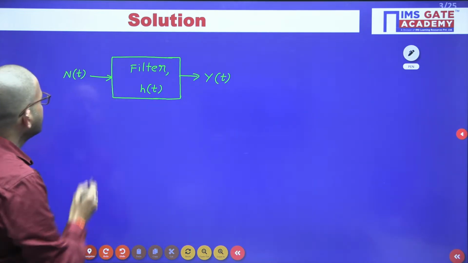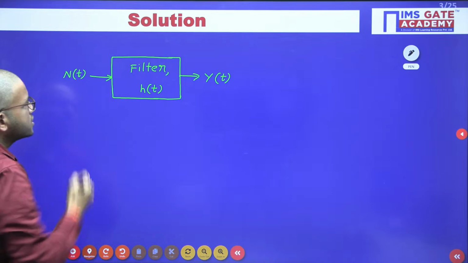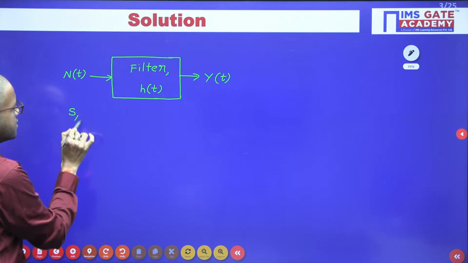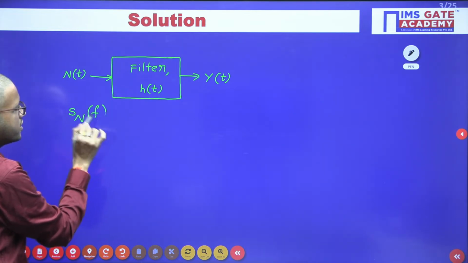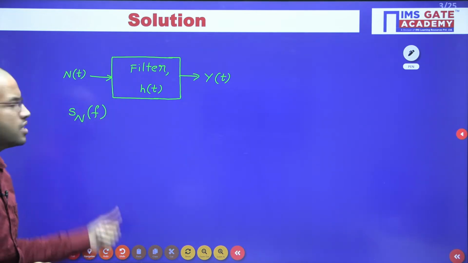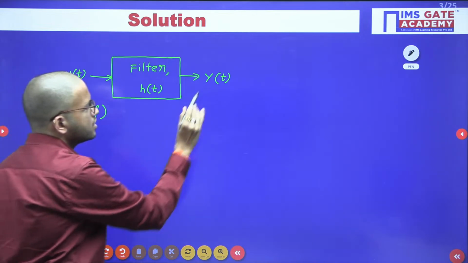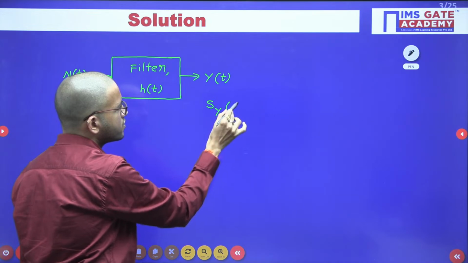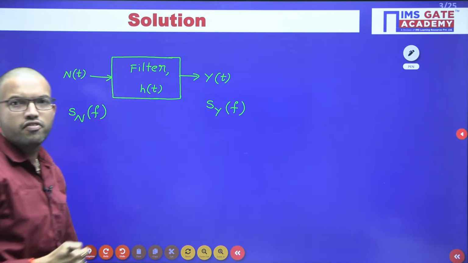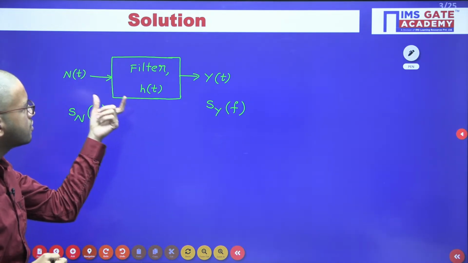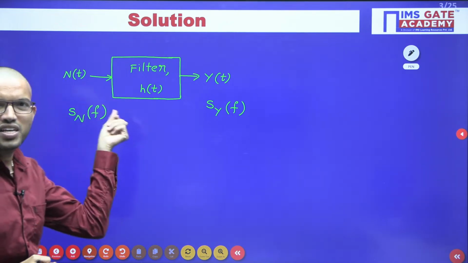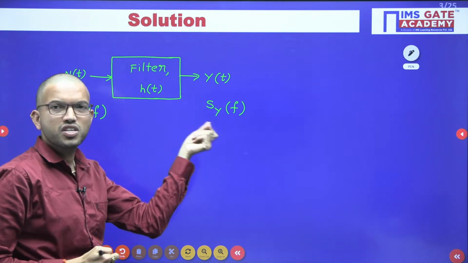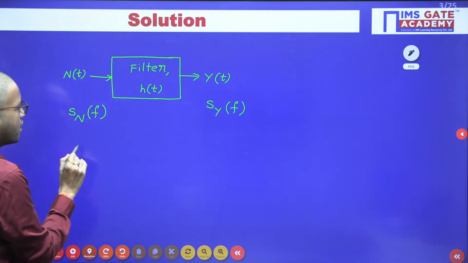For the input noise n of t, the power spectral density is S n of f, and for the output, the power spectral density is S y of f. Whenever you give some random process as input to a filter, in order to find the output power spectral density, I hope all of you know this formula.